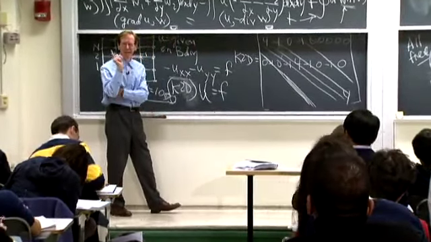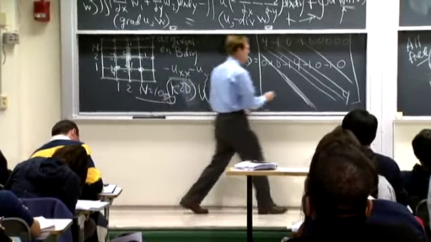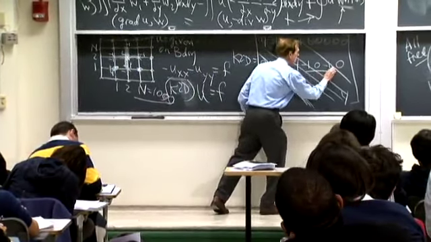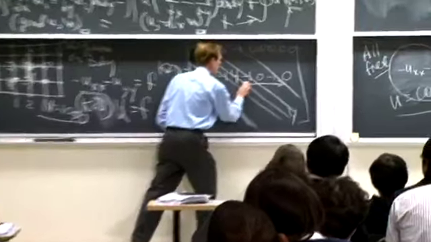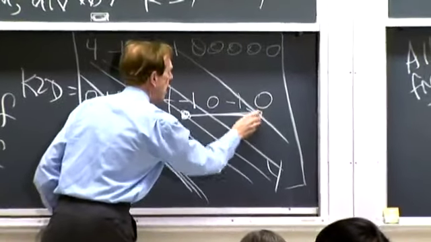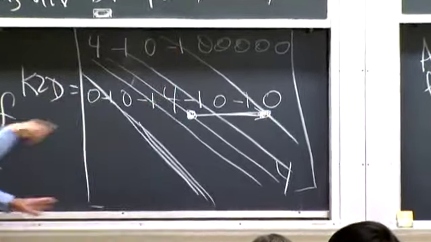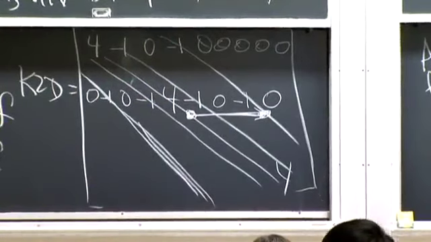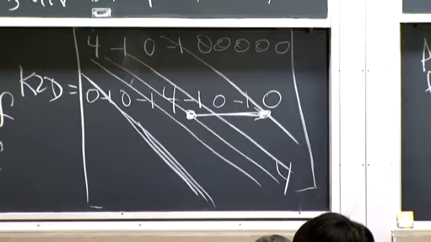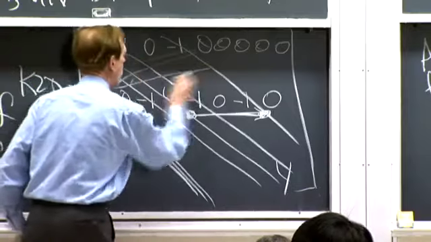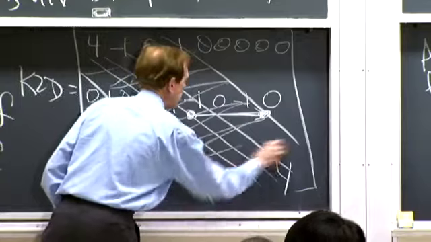Let me ask you this. Here's the question that I want to ask you. What's the bandwidth? How far from the main diagonal out to the last, out to that minus 1? In other words, this is really the full band of the matrix.